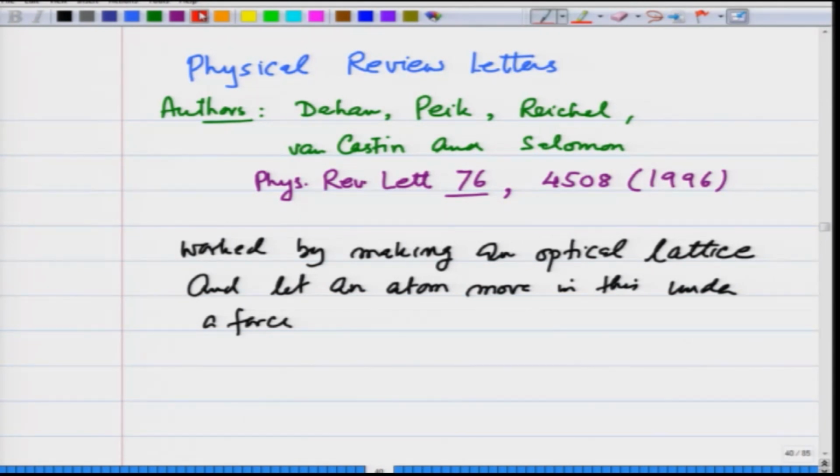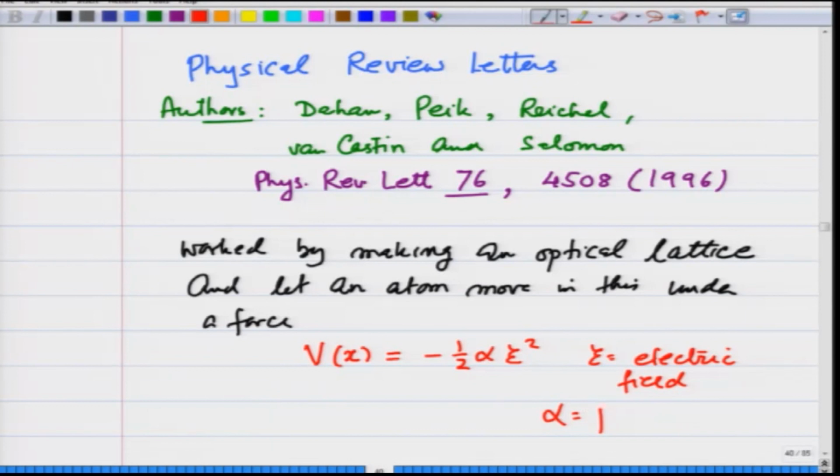Roughly, if you want to understand the potential of an atom in electric field, it would be minus a half alpha E square, that is the potential energy, where E is the electric field and alpha is the polarizability of the atom.